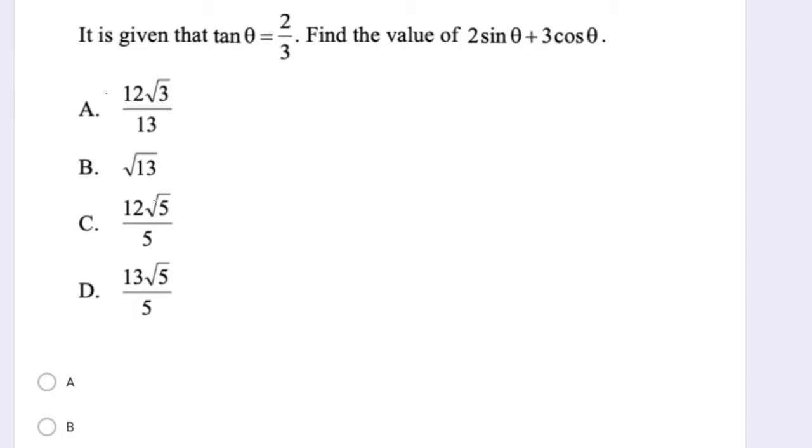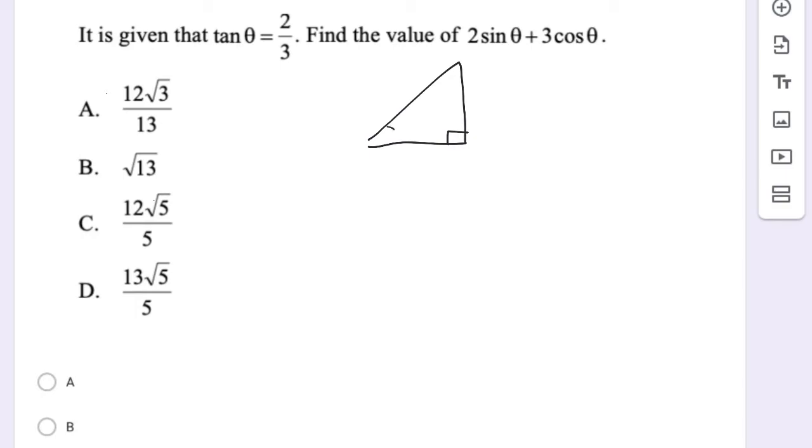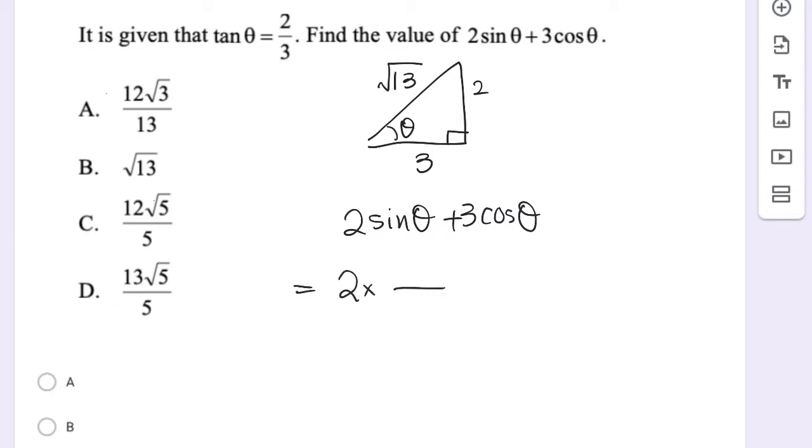And for this one, you can basically see that you draw the triangle like this. Theta here, and this is 2, this is 3. And then by using the Pythagorean theorem, you find out this one to be root 13. So 2 sine theta plus 3 cosine theta will be equal to 2 times 2 over root 13 plus 3 times 3 over root 13.